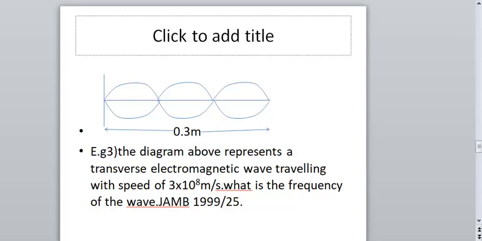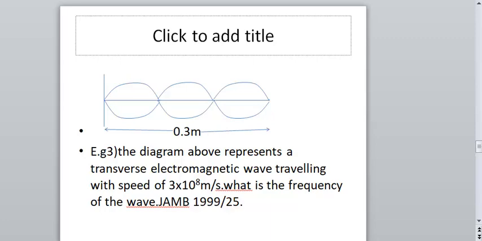Now, when you look at it, this diagram shows 3 cycles. So if we are calculating for this one, the total wavelength here is 0.3. We are interested in one cycle. So what is going to be the wavelength if the total here is 0.3?